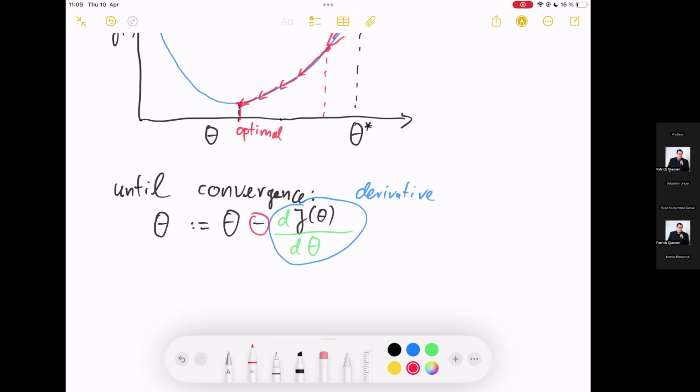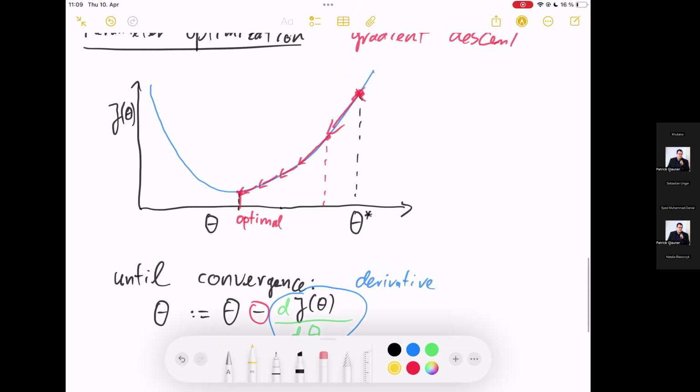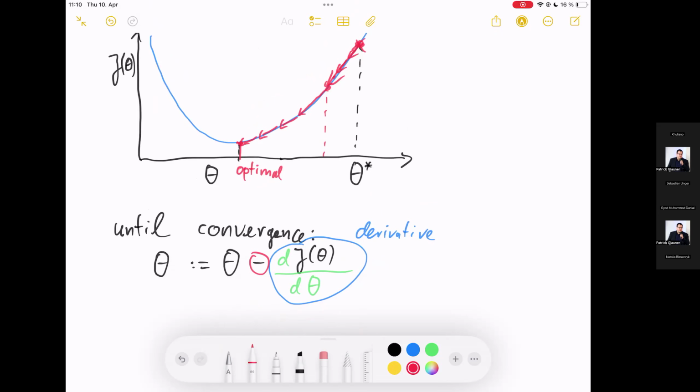Now, it's not that easy in practice because imagine these steps here are very, very small. So we've done some big steps first and then smaller steps. Maybe these steps are super small and it takes very, very long until I reach the minimum. So this could be very slow. I want to influence the size of these steps.